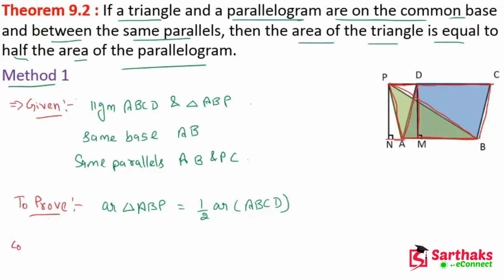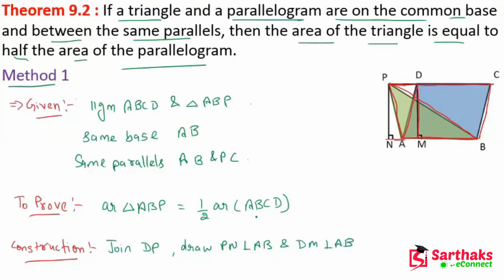So the construction is: join DP and draw PN perpendicular to AB and DM also perpendicular to AB. I hope you get this point.